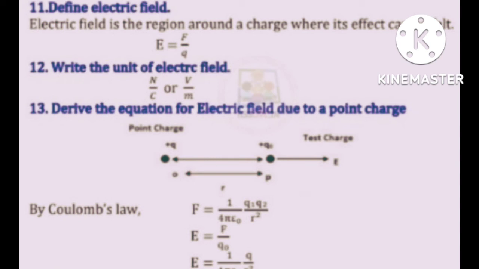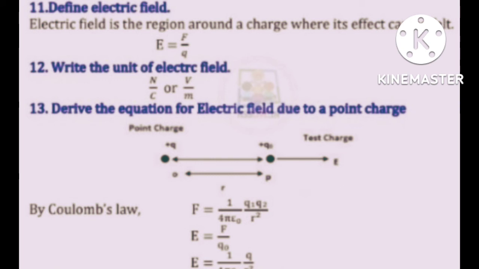The unit of electric field is Newton per Coulomb or volt per meter, because E is equal to F by Q. Here force is Newton and Q is in Coulomb, so the unit will be Newton per Coulomb, or we can write down volt per meter.